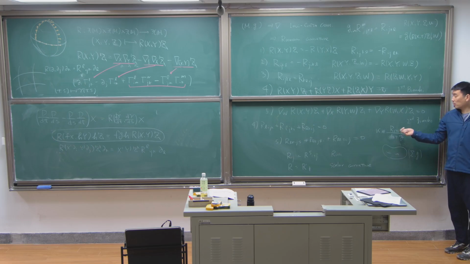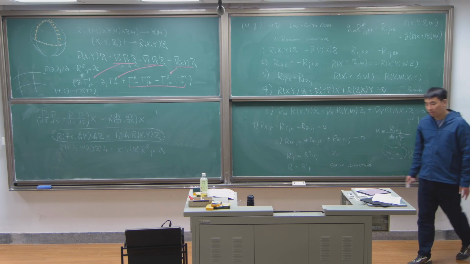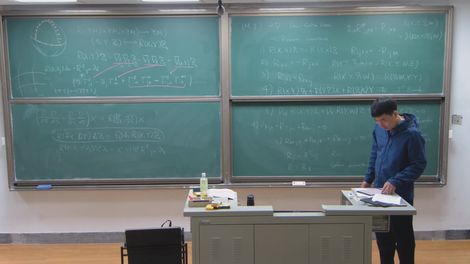This is the non-trivial one, and if you divide it by the determinant of g, one can determine the curvature.